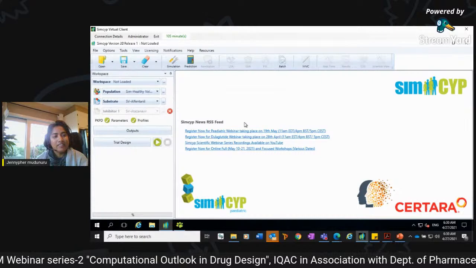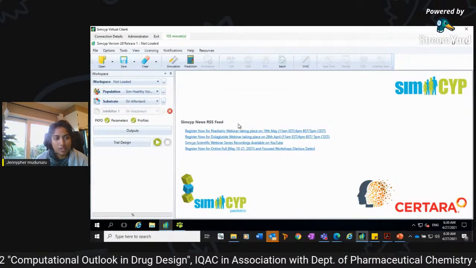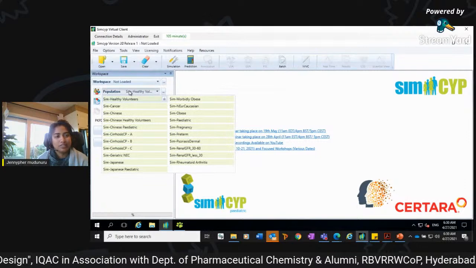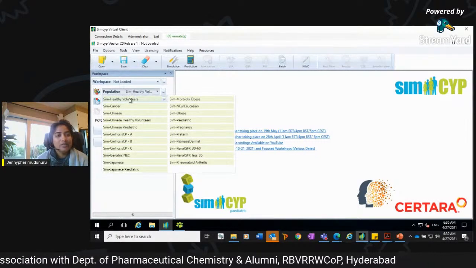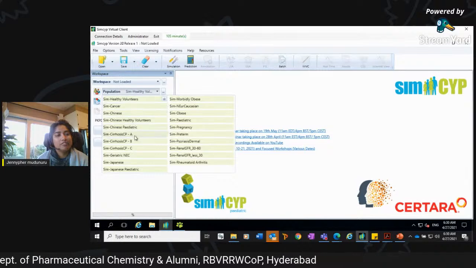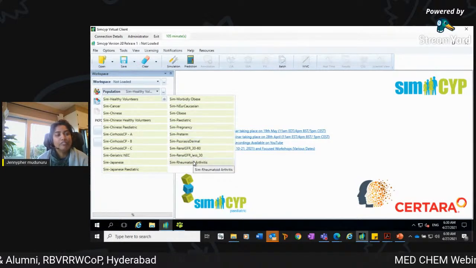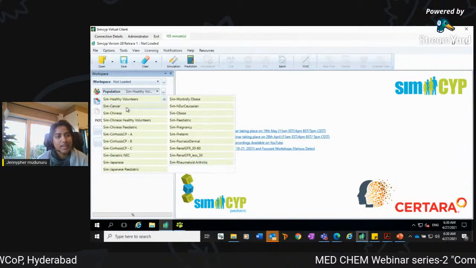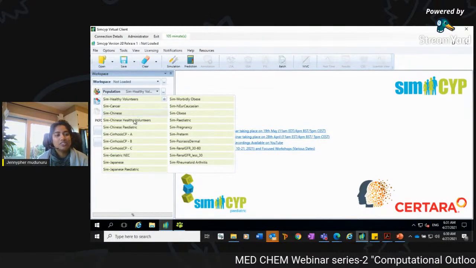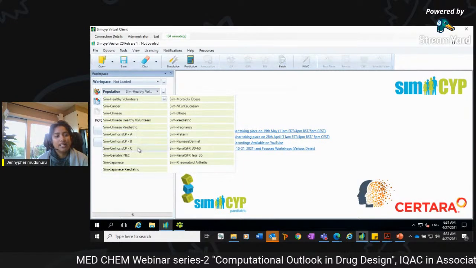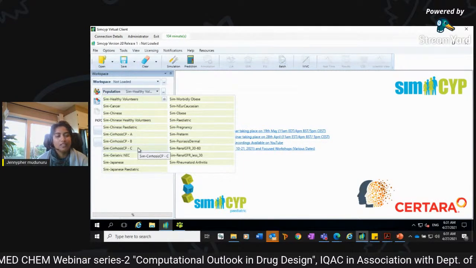Like I said, we have various components to a model. This here is the population, where you can see there are quite a lot of populations that are already built and come with the simulator. We have healthy volunteers, cancer, Chinese population, cirrhosis, with different grades depending on the disease state.